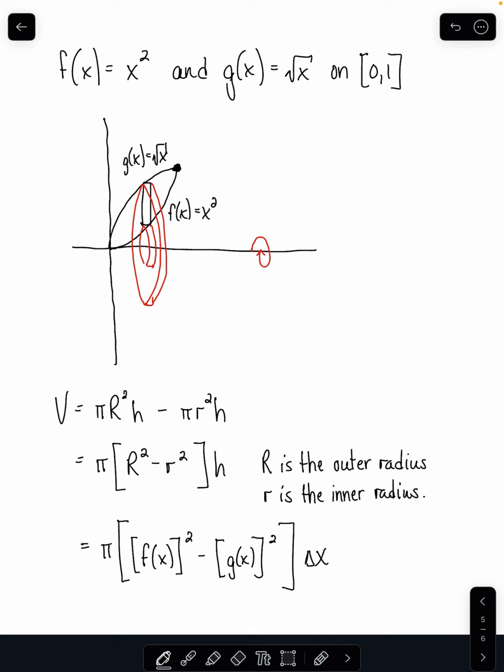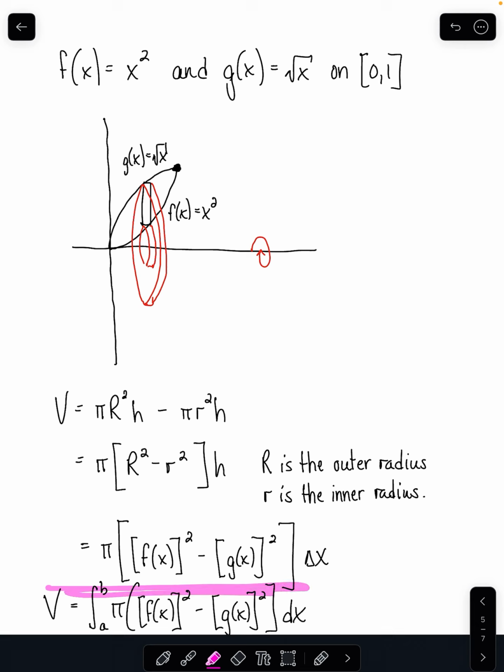To apply the integral to it then, it would be the integral from a to b of pi times f of x squared minus g of x squared dx.